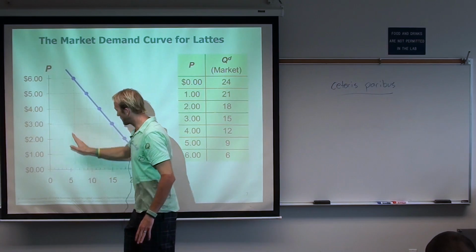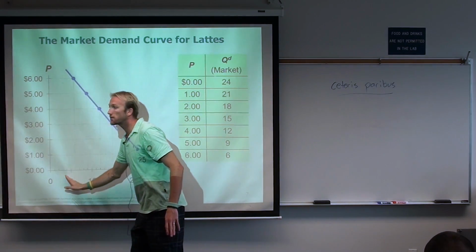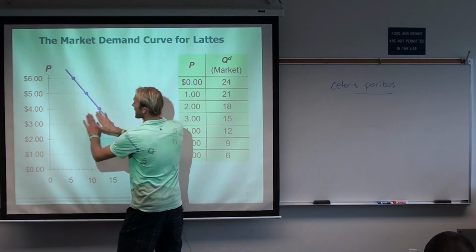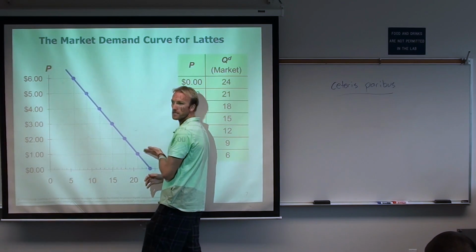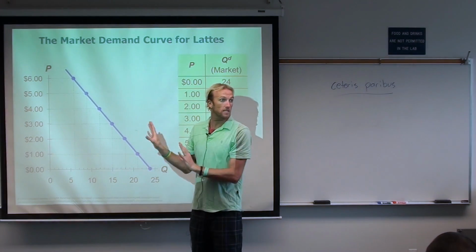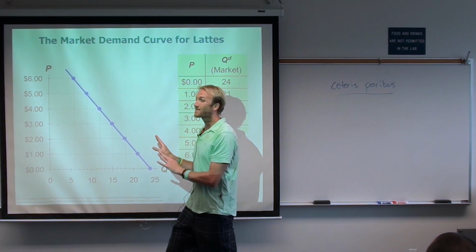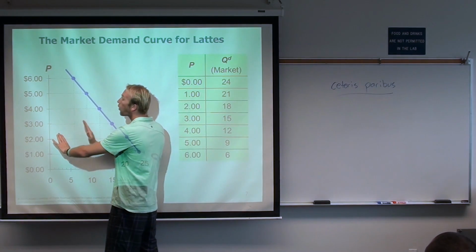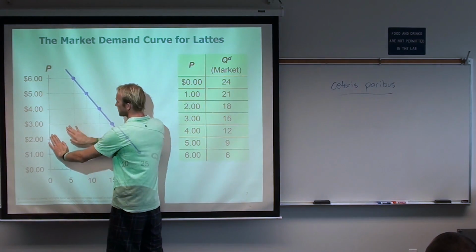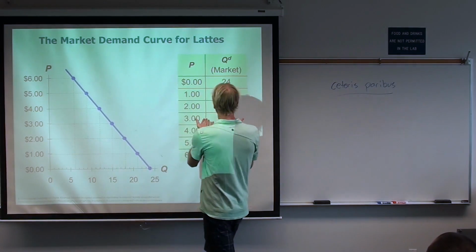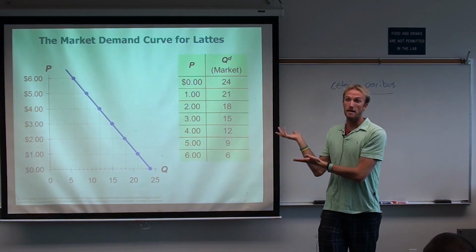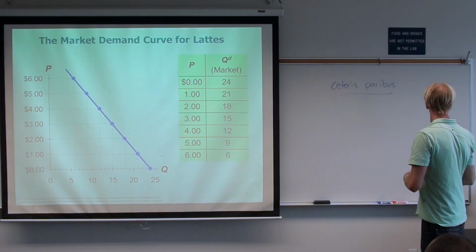Because Helen's was over here somewhere, and Ken's was over here somewhere, and you just add them side by side, and that's how you get a market demand curve. In the world of mathematics, it's horizontal summation, right? You just add them up side to side. If you have the numbers, that's convenient too. You can just add them like I showed you. All right?